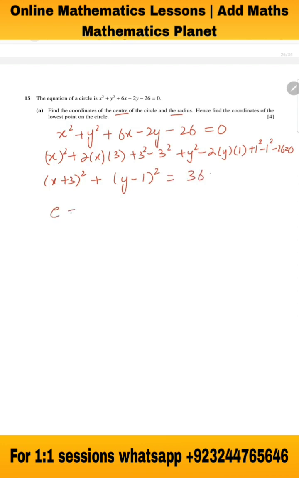So center of the circle is -3, 1. Radius of the circle is 6. So we have calculated the center of the circle and radius of the circle. Now the lowest point on the circle is, because the radius of the circle is 6, so the lowest point on the circle will be 6 units below the center.